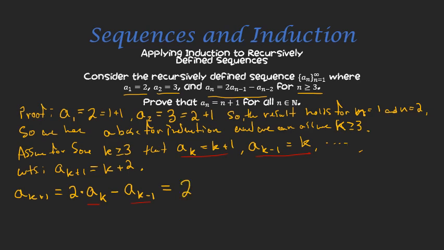So this is twice k plus 1 minus a_{k-1}, which is just k. So that's 2k plus 2 minus k, which is k plus 2. And that's what we wanted to show, that the output of the sequence is one more than the index.